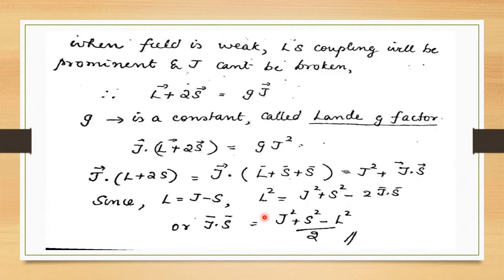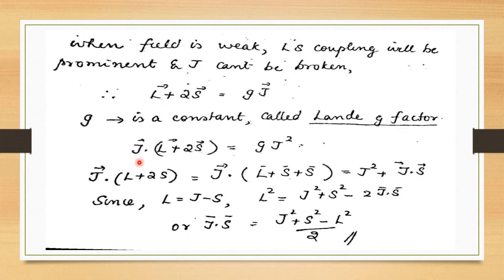Now, when the field is weak, we know that LS coupling will be prominent, and we cannot break J. So, J will be in the combined form, we cannot break it as L and S. Therefore, L plus 2S can be assumed to be equal to g times J, where g is a constant called the Landé g factor.